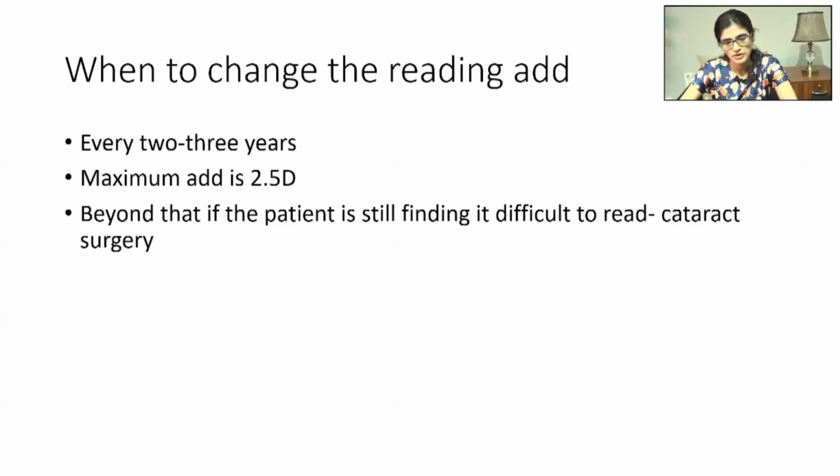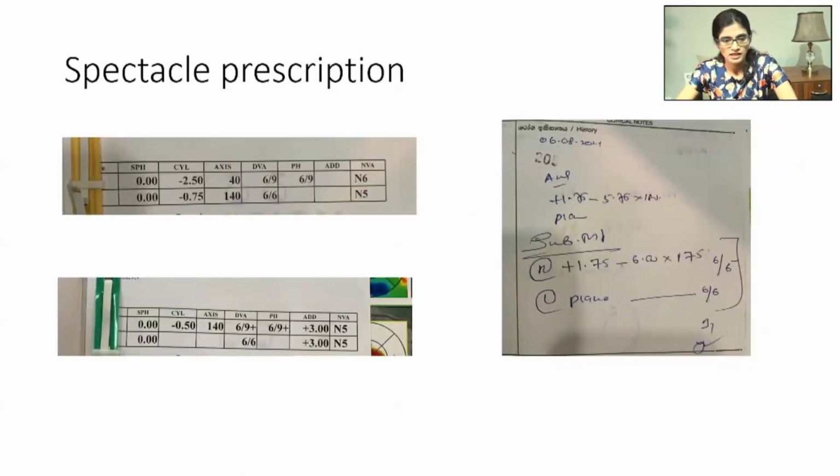So at this point you might actually recommend them a cataract surgery because they are likely to have age-related cataract, and by removing that cataract their distance vision will be corrected, and they will have better ability of tolerating a 2.5 diopter reading glass.